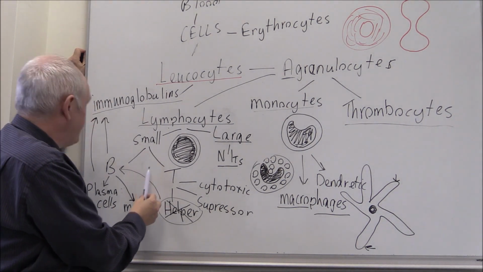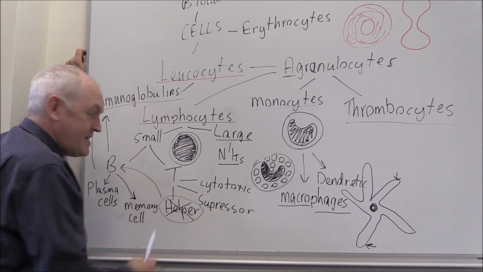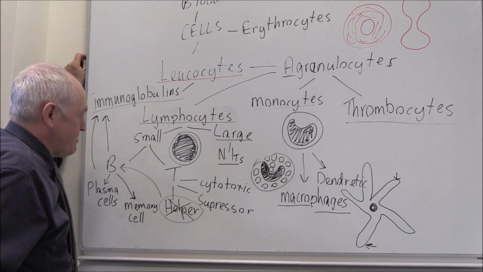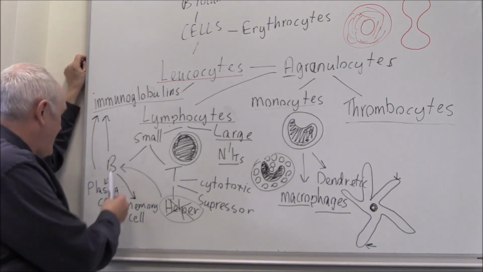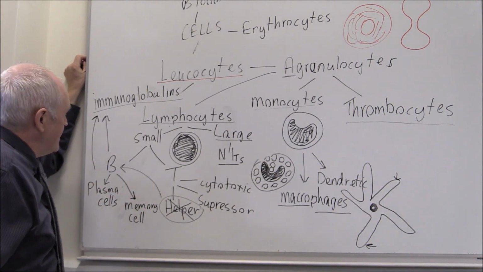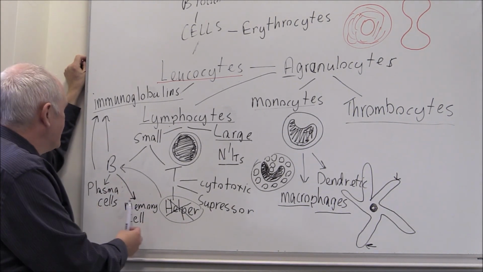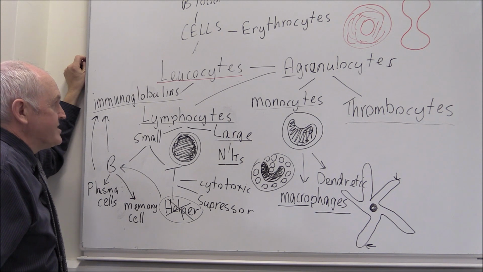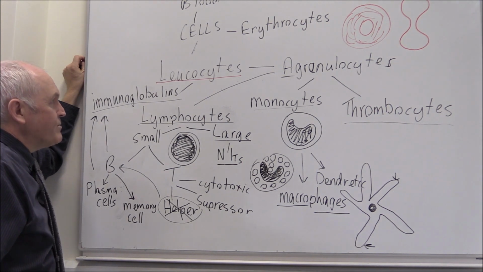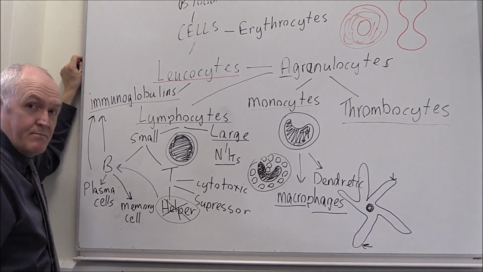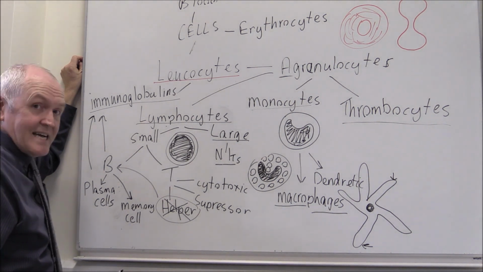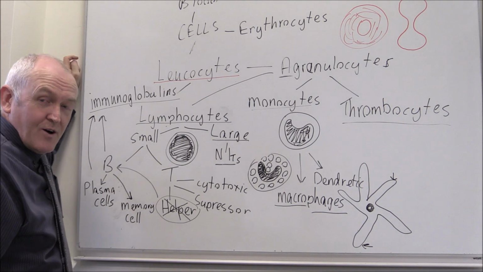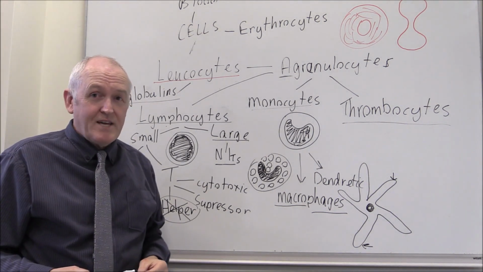The small can be subdivided into the B or the T. The T can be subdivided into the helpers, suppressors and cytotoxics. And the B lymphocytes can be subdivided into plasma cells and memory cells. So I really hope your piece of paper is a lot more tidy than my board, but that gives us an insight into the initial classification of the white blood cells and the red cells.